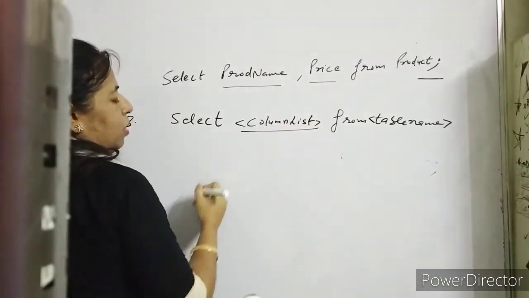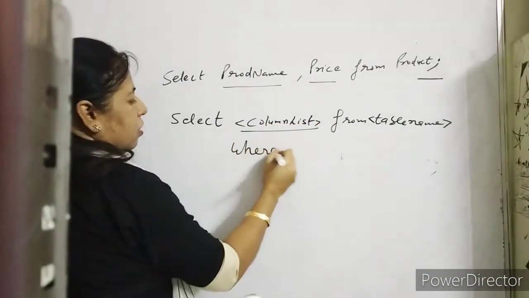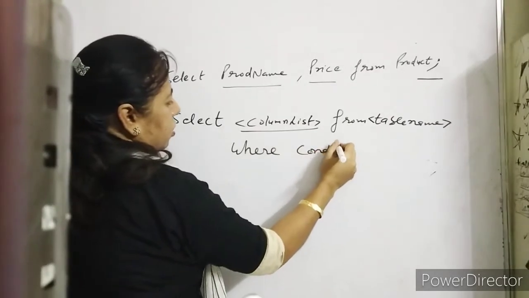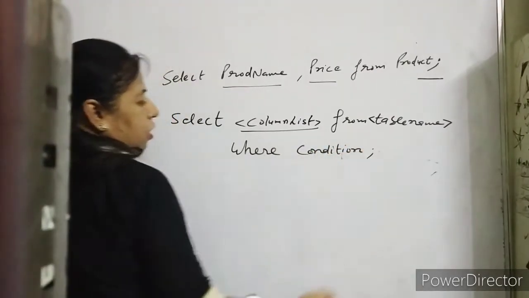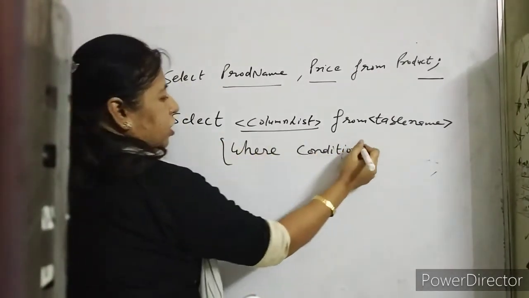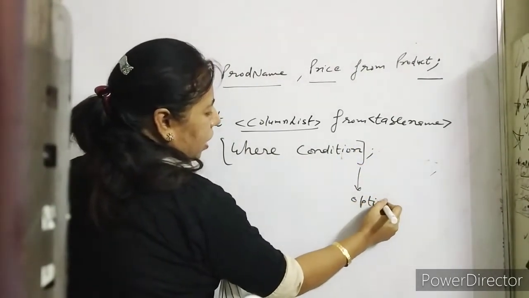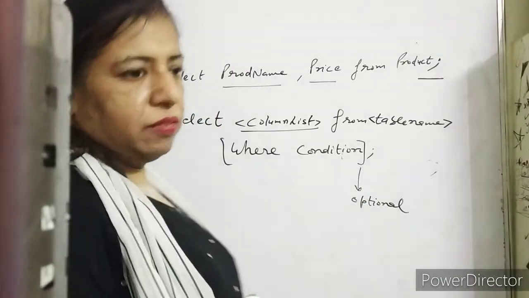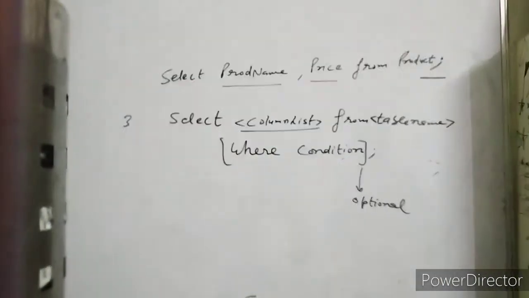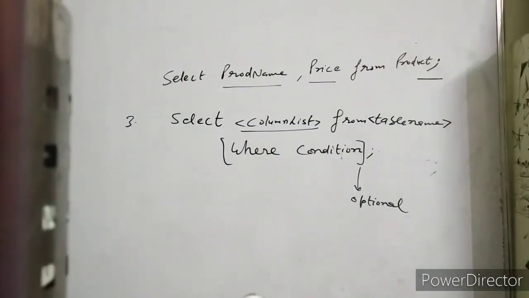Column list from table name, where condition. This is my third syntax. Now what is this where condition? This is optional. The square bracket marks that it is optional. If I want to put a condition, then I will put it in the square bracket.